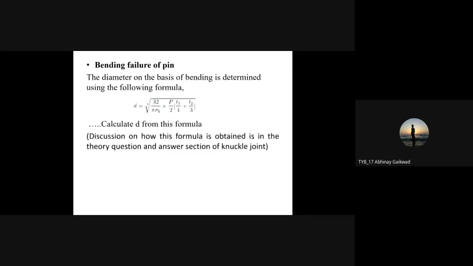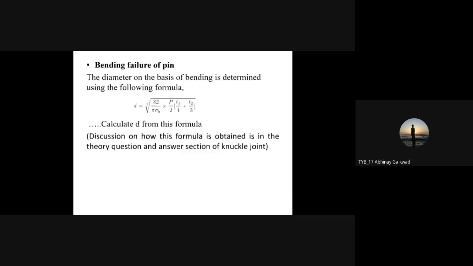If it is higher than the value which we have calculated with the previous formula, then definitely we have to choose the higher value of small d. So that's why this pin will become safe in shear as well as in bending.